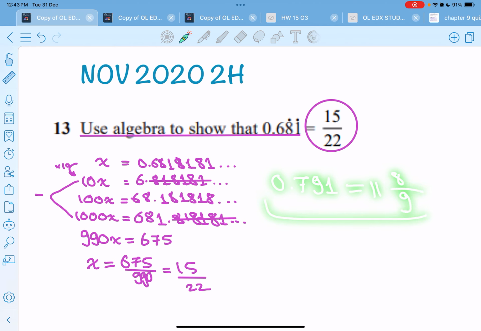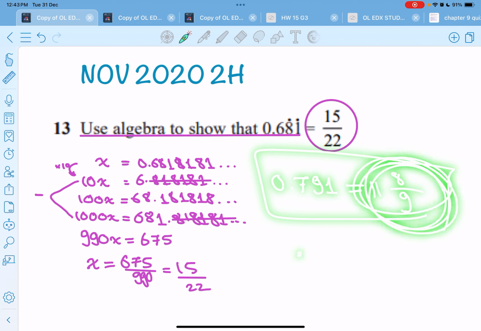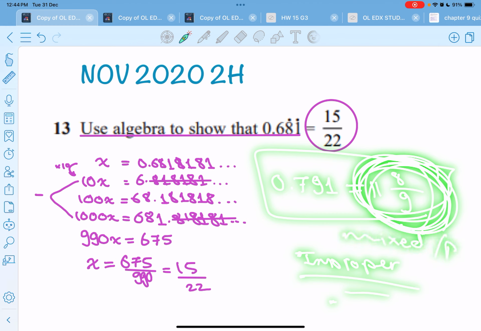So you have to show the mixed number. If you wrote the number as an improper fraction, you're going to lose the mark. You need to show, as I told you, the final answer in your steps, whether it is a mixed number, a proper fraction, or even improper, depending on the question.